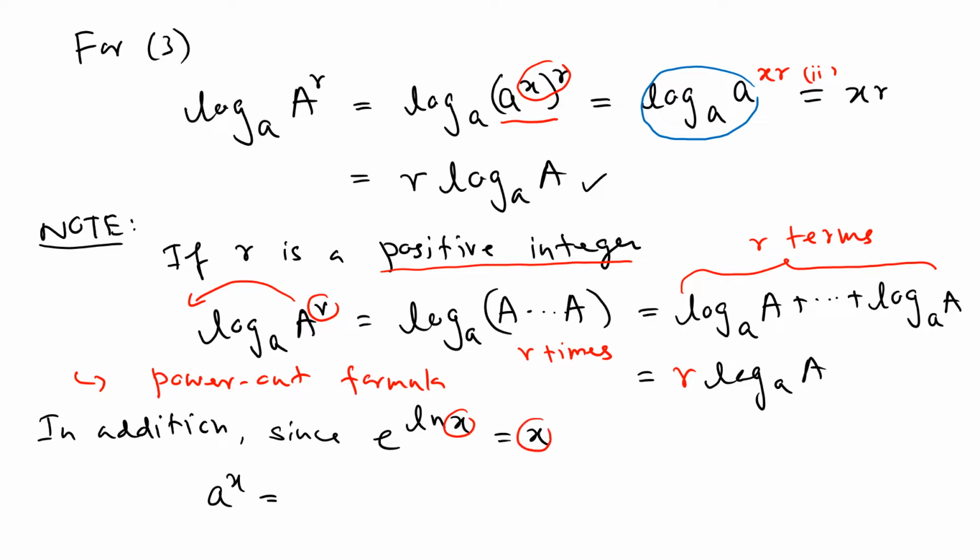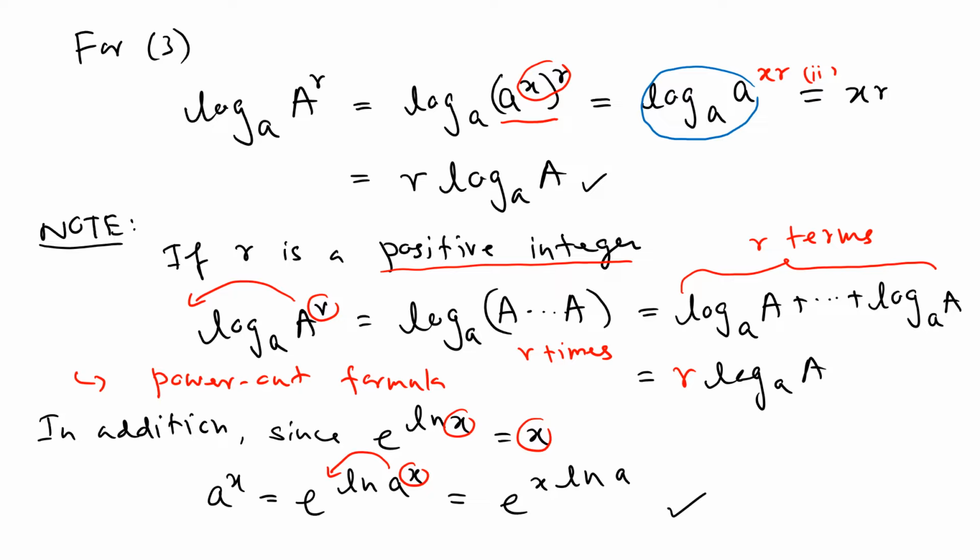If you replace x by ax, we have ax equals e to the ln ax. Now we can take this power out and write it in front, that's the power out formula. So you can write this as e to the x ln a. That's how you get the other result. It's a very simple argument: using the power out formula, property number 2, and part 3 of this. Good.